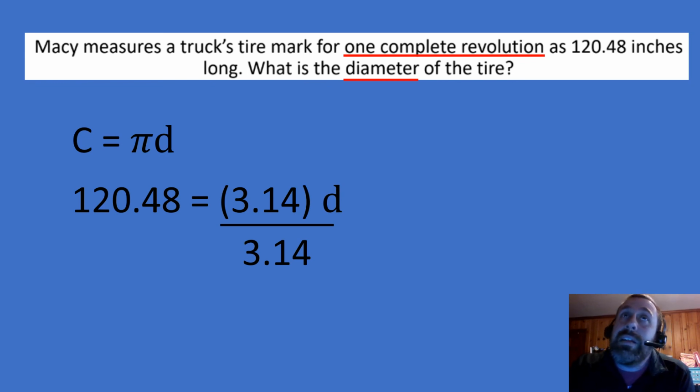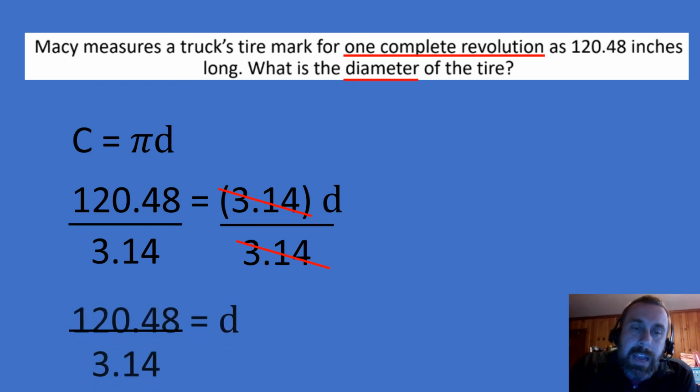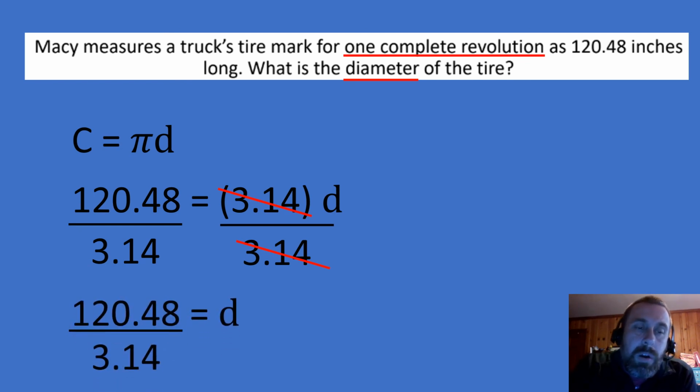And you've heard me say this a million times. Whatever I do on the right, I have to do on the left. So I'm also going to divide the 120.48 by 3.14. And as we do that, the two pi numbers on the right cancel out. And that just leaves me with 120.48 divided by 3.14 equals the diameter. It seems really complicated, but it's not too bad.